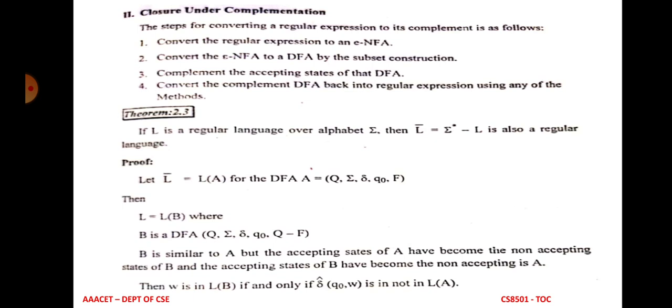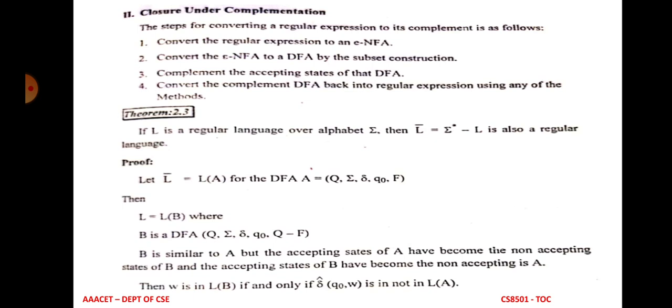This is the difference between capital A and capital B. Capital A and capital B are two different finite automata. Q minus F means, capital Q is the set of finite states, and the second finite automaton capital B has as final states all states except the final states present in the other finite automaton capital A. So here B is similar to A, but the accepting states of A become the non-accepting states of B. Accepting state is nothing but final state.